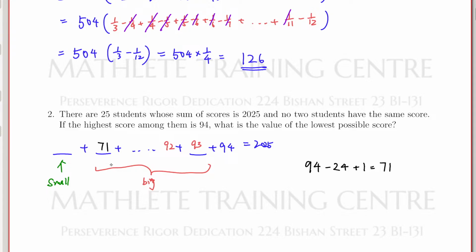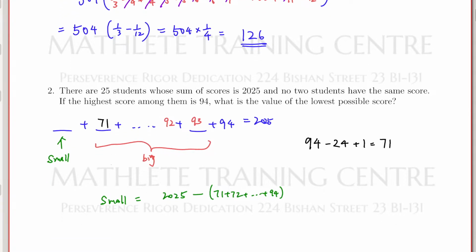So now, what is my small number? My small number here will be equal to 2025 minus 71, 72, all the way until 94. And we know that there are a total of 24 numbers here, so we can think of it as 12 pairs. Each pair is 71 plus 94.